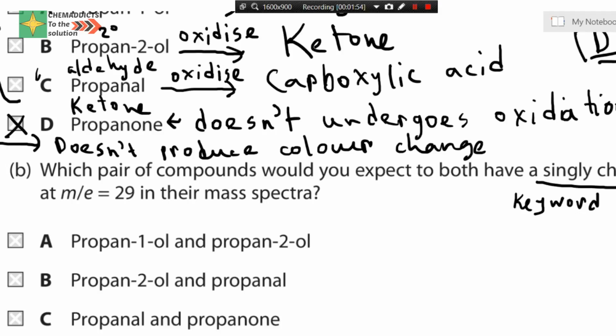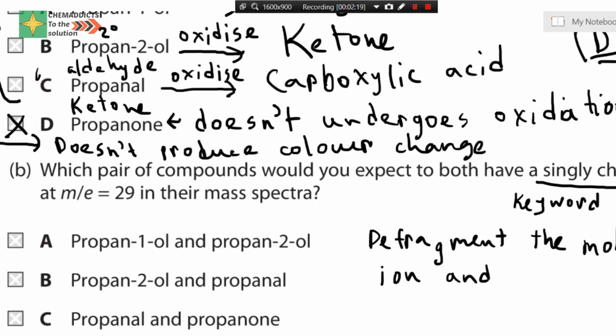We gonna defragment the molecular ion and form fragmented ions.